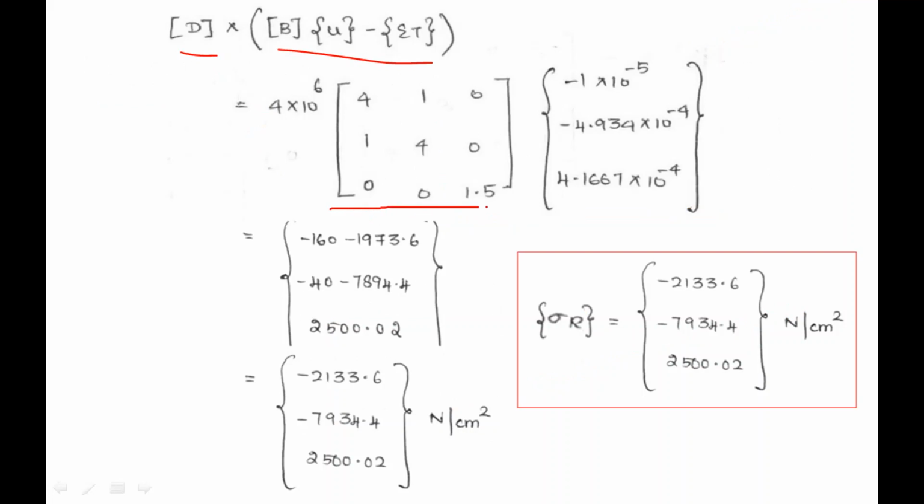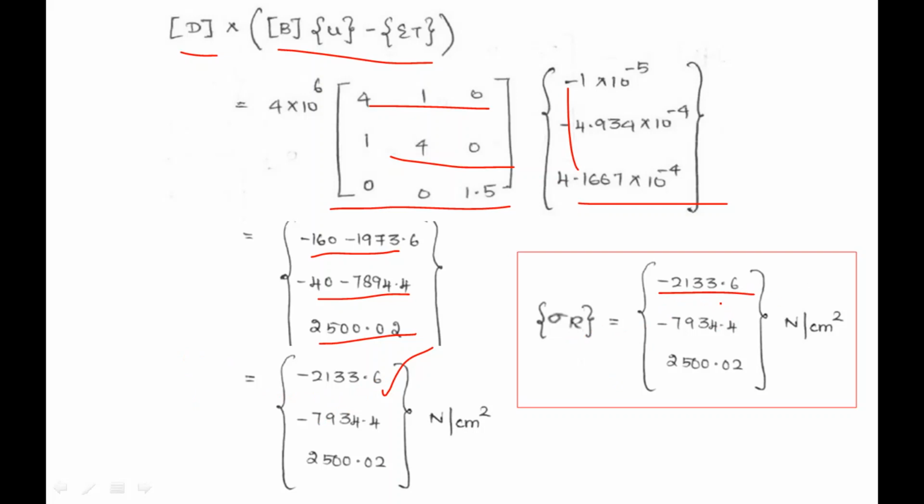This is the D matrix, 3 by 3 matrix. This is 3 by 1 matrix. Now we can take first row, this column matrix, we will get this one. Then second row, this column matrix. Then this is the third one. Then after simplifying this, we are getting this much value as the net or resultant stress. Sigma R is equal to minus 2133.6.